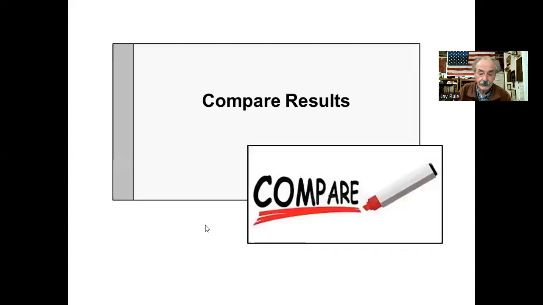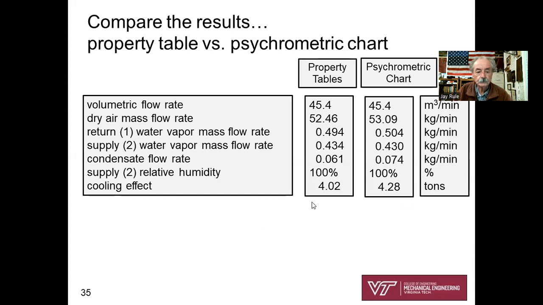Let's compare the two methods for exactly the same problem. We used the property table, a lot of complex computations. You can see with your eyes what we've got. We used the psychrometric chart for exactly the same problem. Here's what we've got.